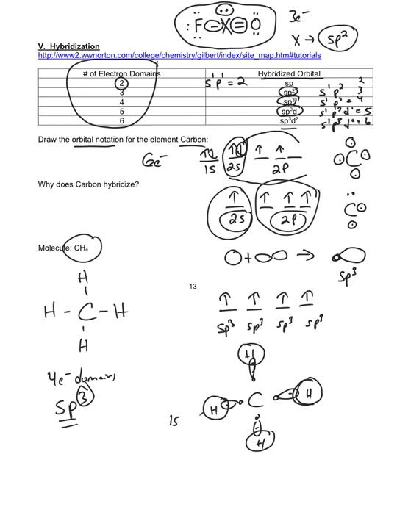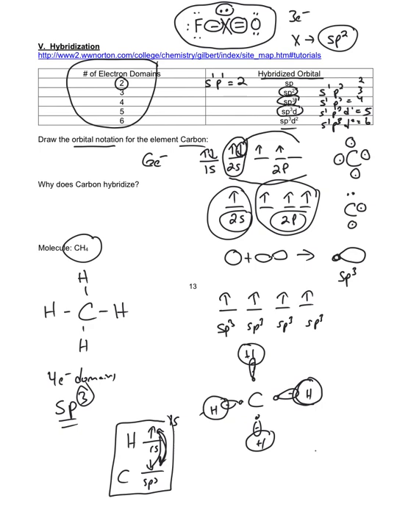So in all 3 of these areas, we have the hydrogen's 1s with 1 electron, and one of the carbon's sp3 orbitals with an electron. They overlap, and now these electrons can swap back and forth between them, filling that orbital. If this electron rotates up, now there's 2 electrons in the 1s for hydrogen. If this electron rotates down, now there's 2 in that sp3 orbital, and the molecule is sharing electrons.